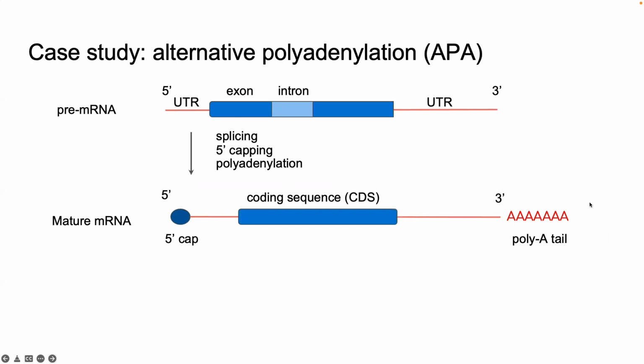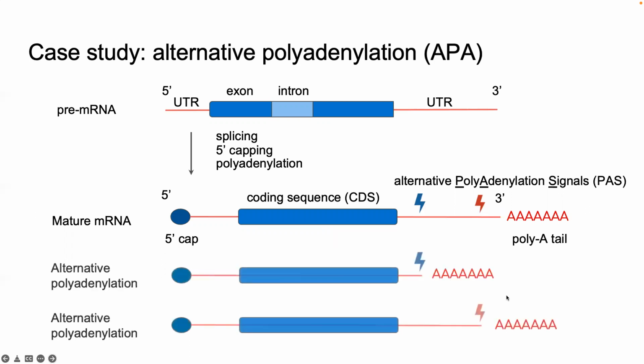Importantly, a number of these processes are not constitutive, but alternative, like alternative polyadenylation, where within the 3' UTR, different polyadenylation signals compete and are chosen, and the site of cleavage and polyadenylation is altered.